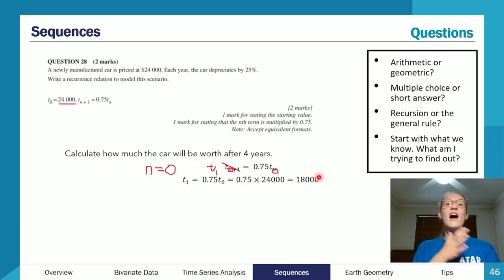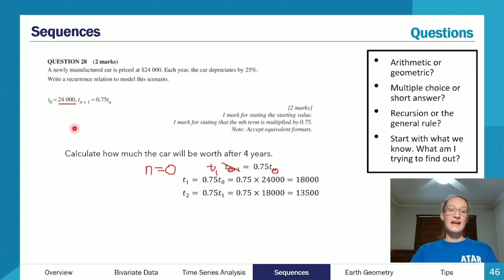So after 1 year has passed, our car has depreciated by 25%, and we can now say that its new value is $18,000. Awesome. Now we're going to say let n equal 1. So now we have T2, term 2, is equal to 0.75 times T1. So now we have 0.75, not times 24,000 anymore, but actually times 18,000.